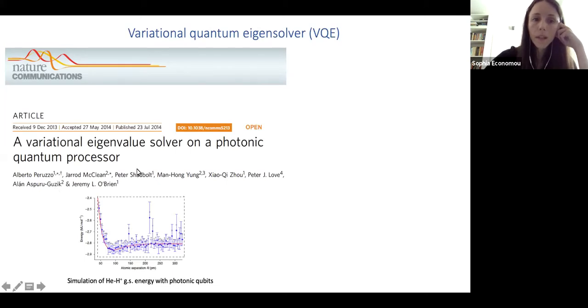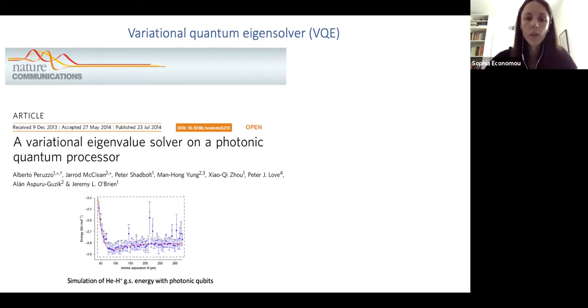And the idea is exactly based on the variational principle of quantum mechanics, which is something that, of course, is taught at the undergraduate level. And it tells you that if you have some parameterized wave function, then for any value of these parameters, if you look at the mean value of the Hamiltonian, that will be greater than or equal to the ground state energy.